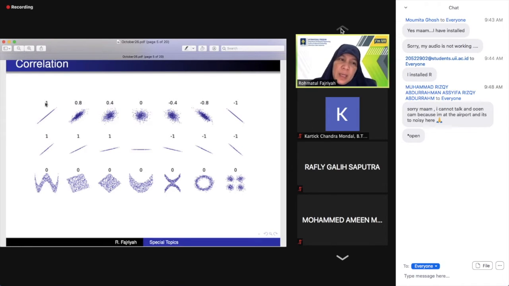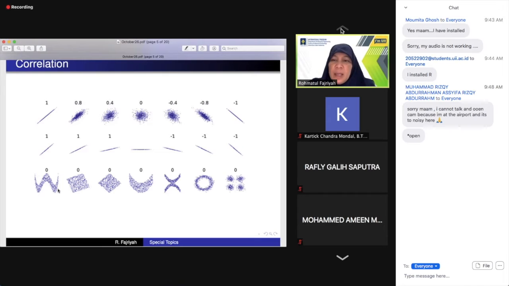That's why the first one has a correlation value of +1, and the last one has a correlation value of -1. Okay, and you can see as well some illustrations when the correlation is 1, and also when the correlation is -1 and 0.